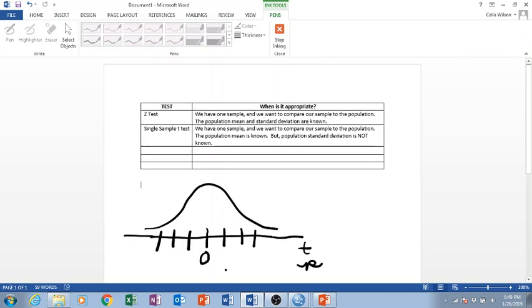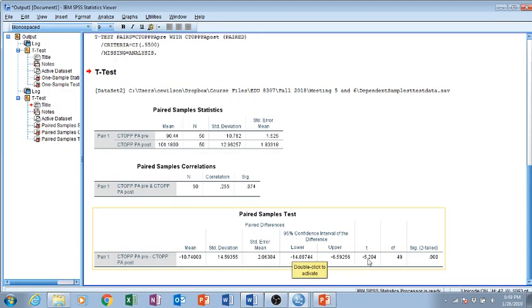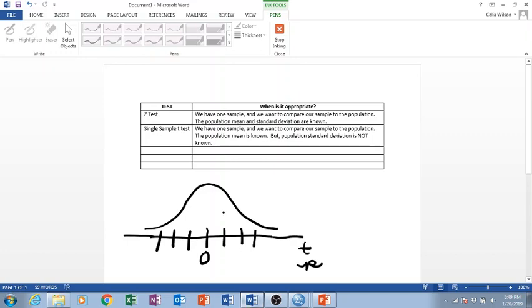If I look at my output again, the t is negative 5.2. Holy cow, 5.2, and that's in the negative direction. So 3, 4, 5, like right here. So t equals negative 5.2.